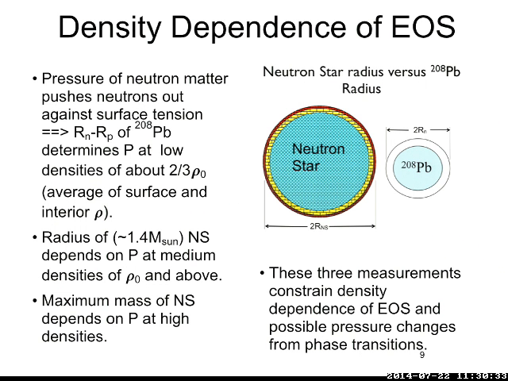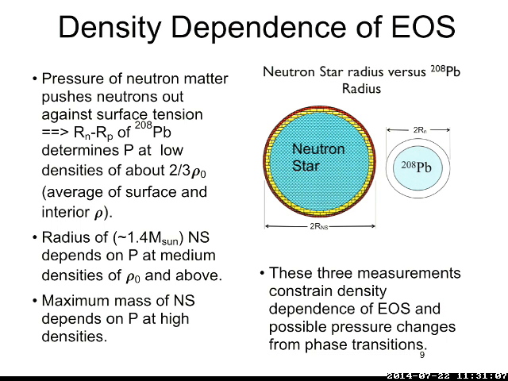Okay, so one way to say that is we just want to compare the radii of two different isotopes. I've talked about measuring the radius there, and fortunately I was away last week. You guys were spending a while talking about measurement of neutron star radii. One way to think about it is this radius is the pressure of neutron matter at relatively low density, around 2/3 of nuclear density.